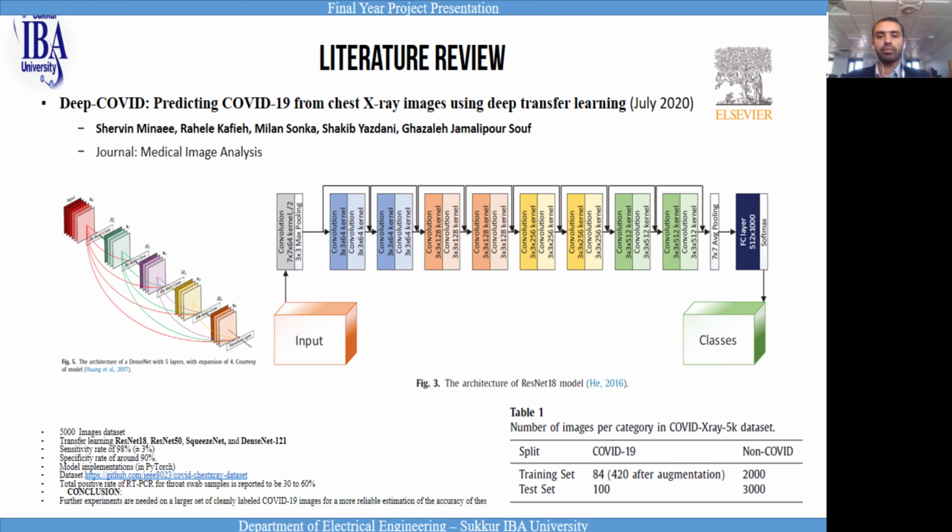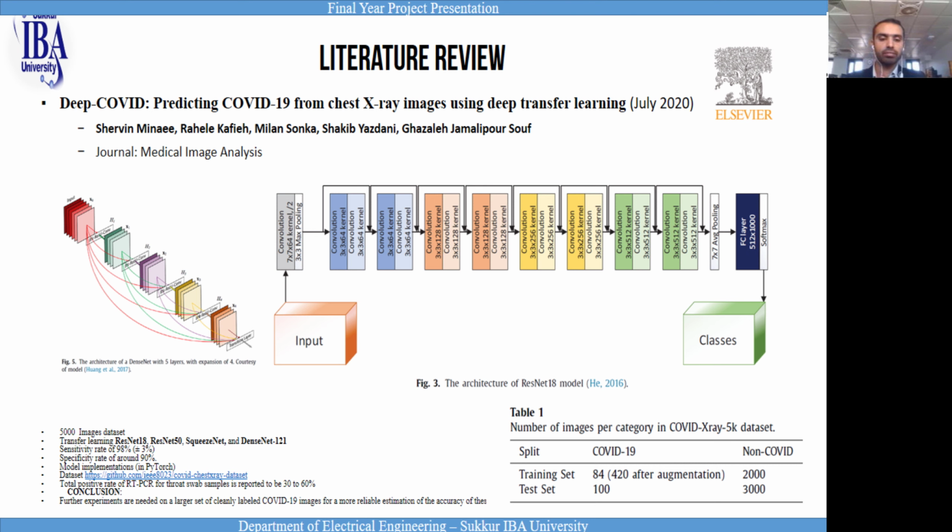Literature review. A research paper named Deep COVID: Predicting COVID-19 from Chest X-ray Images Using Deep Transfer Learning. It was published in July 2020 in Elsevier, and they have used transfer learning models such as ResNet 18, ResNet 50, SqueezeNet, and DenseNet, and they have taken the data set from this website.